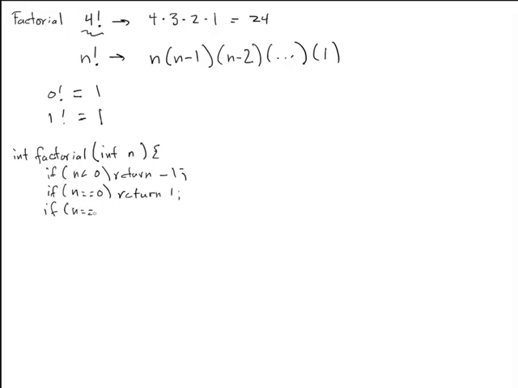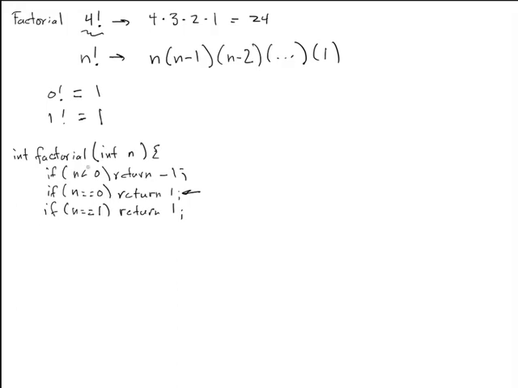If n equals 1, then we return 1. Is the factorial of 0 1, or is it 0? I actually don't recall at the moment. This may be wrong, so just heads up, but it's actually not important for the purposes of this example here.